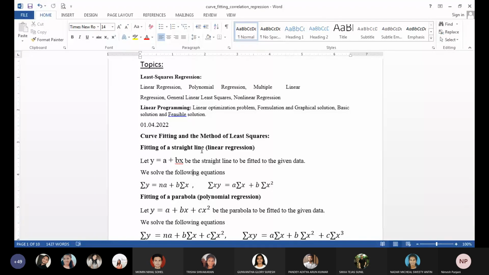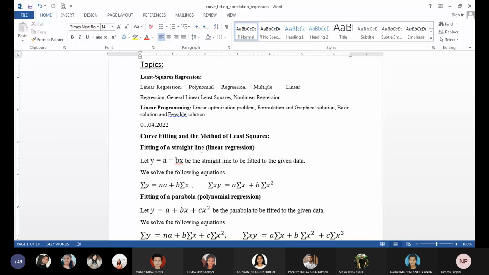So for finding the values of a and b, we solve two equations simultaneously, and the two equations are summation y equals n into a plus b into summation x. Summation xy is a into summation x plus b into summation x square.